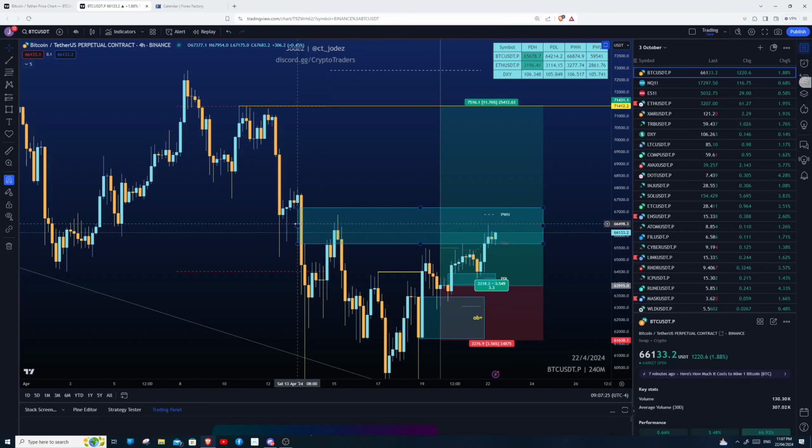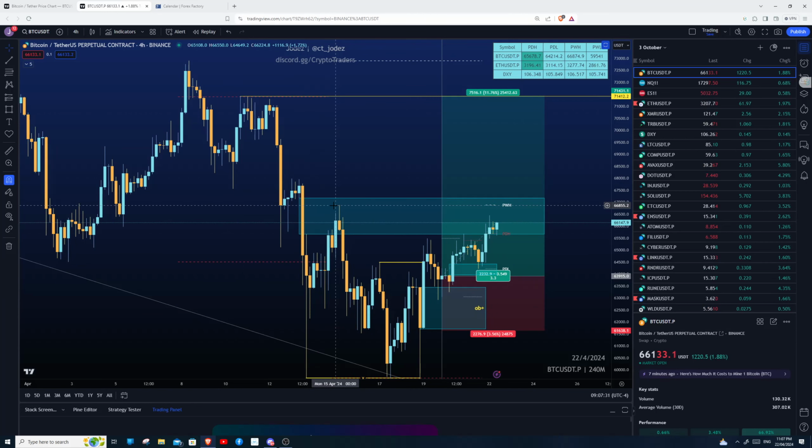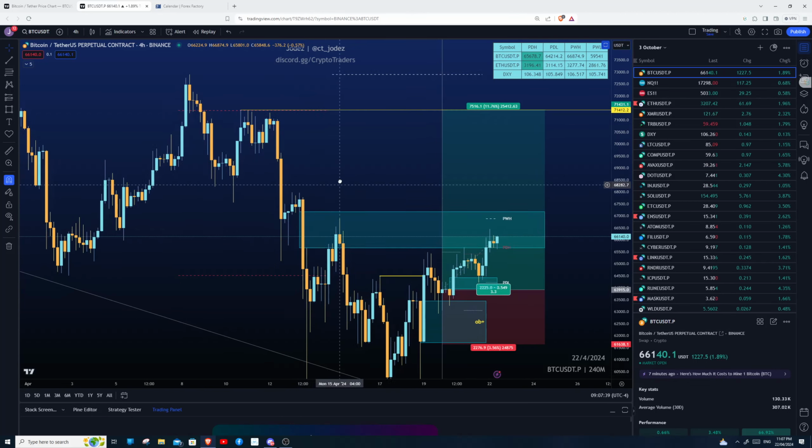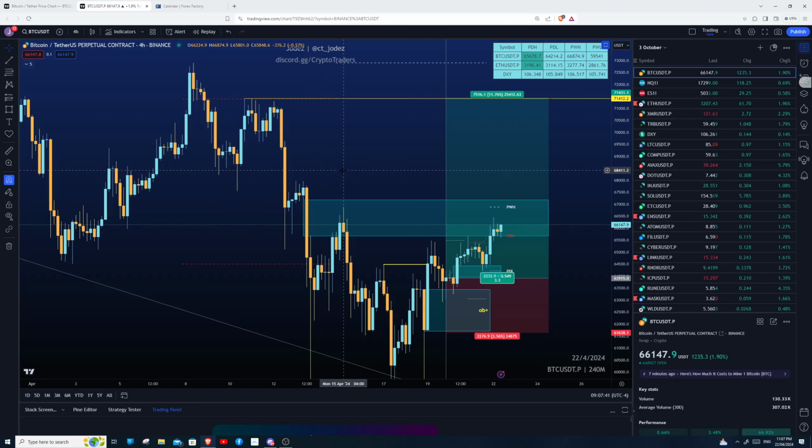So in terms of where price is currently at, it's actually at the previous 4-hour fair value gap, which previously acted as resistance. So this is a first hurdle before price can reach higher and potentially break above 71,000. So today's New York session will be quite important and indicative for the rest of the week.